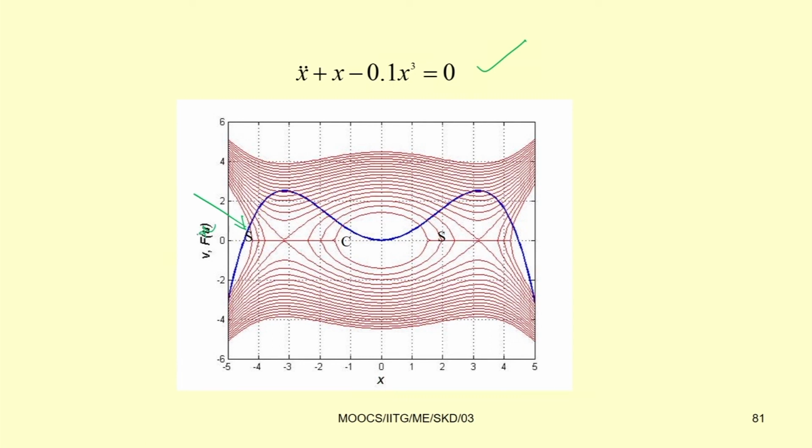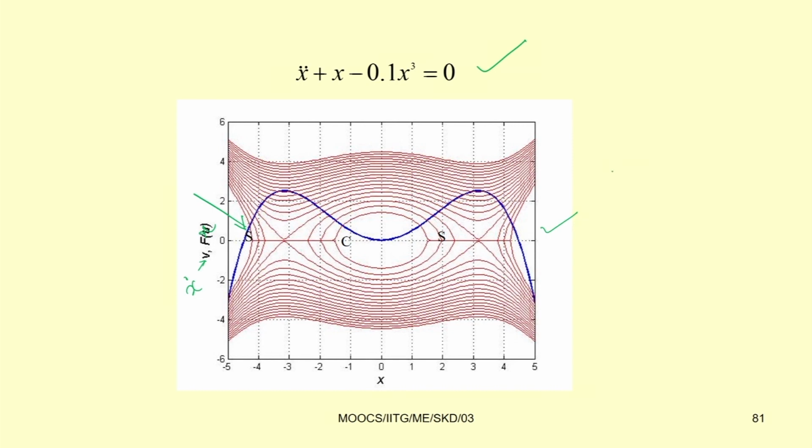So, this curve plots F(x) versus x, and if you plot the velocity versus x, that is v is nothing but your x dot. So, if you plot x dot versus x, you can get this type of curve. We will study more on this type of curve, and the meaning of this curve, in the second or third module of this course. For the time being you should know how to plot this curve.